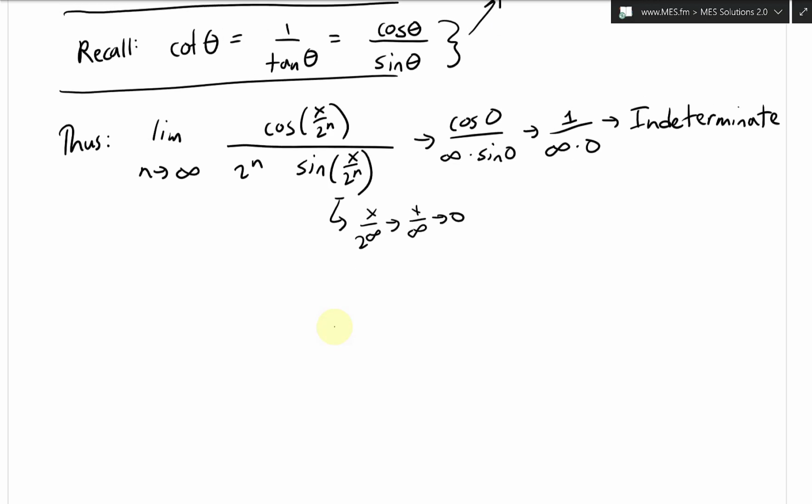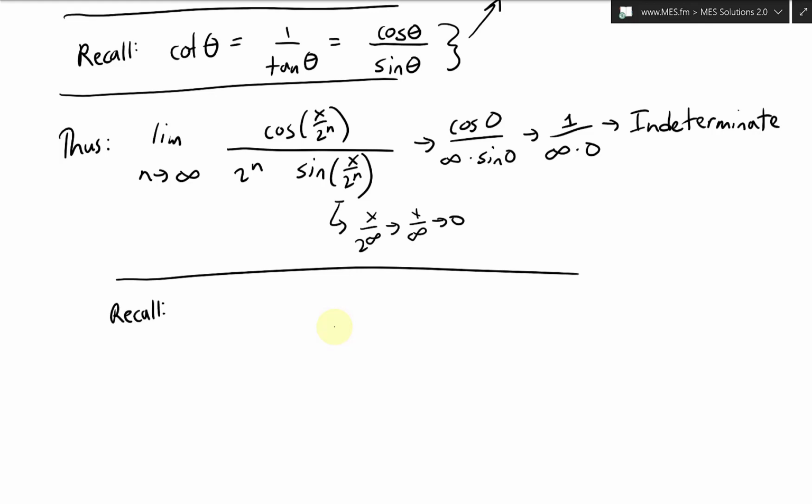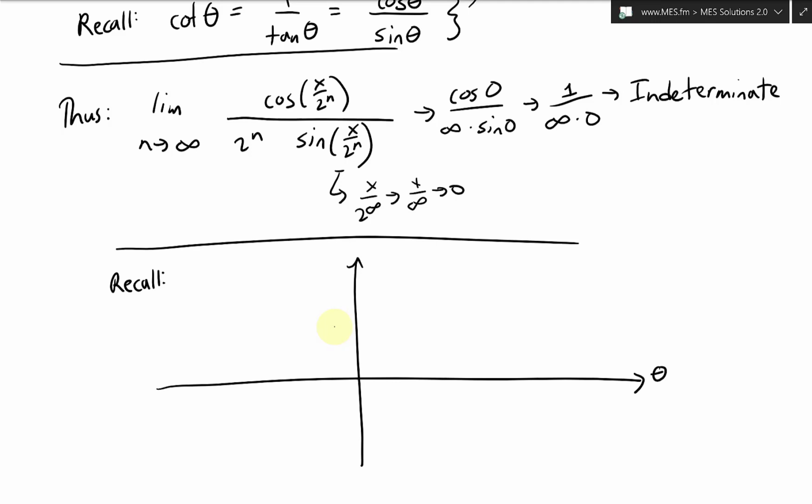And here, just recall the trig functions of cosine and sine. If this is our theta axis, recall that the sine looks like this, etc. This is at 1, and this is at 0. This is our sine, so it's 0 over there.